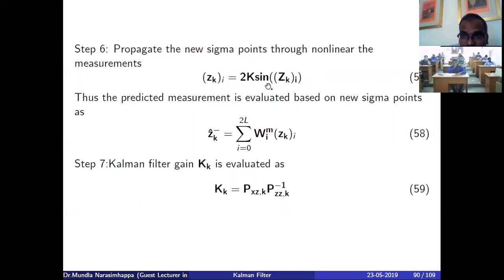Once you have the non-linear function, again by using these weighted sigma points, you can calculate the predicted measurement mean. Then if you take the expected value of z k times z transpose, it will give the predicted covariance.